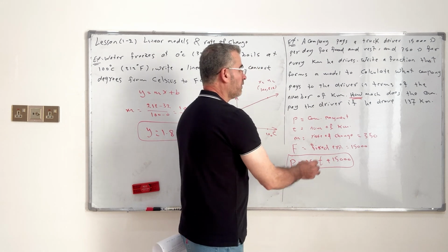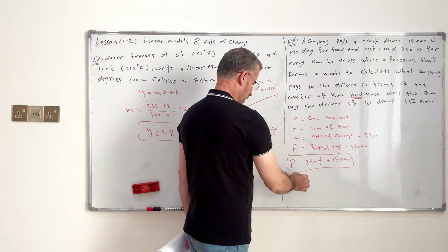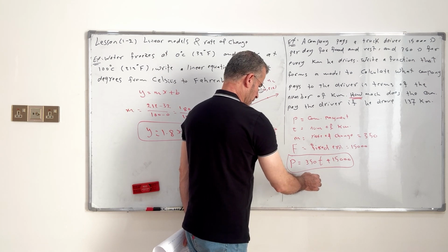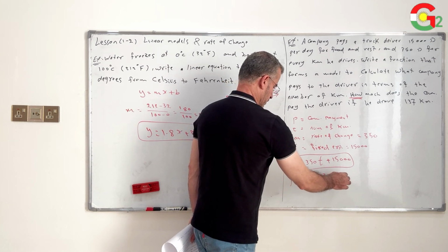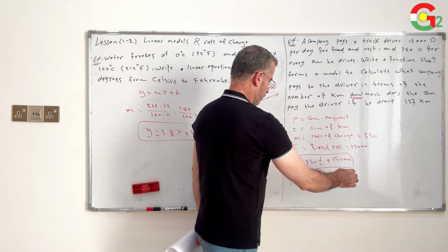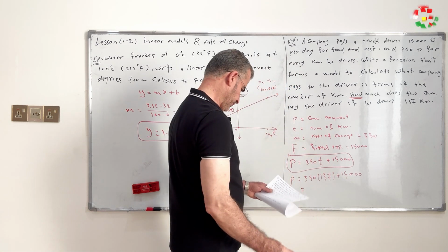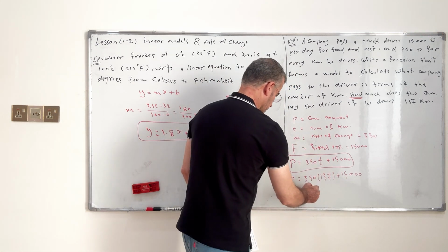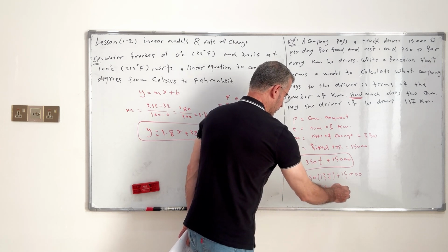When the driver drove 137 kilometers, I'll set T equal to 137 and find the value of company payment, which is equal to 62,950 dinars.